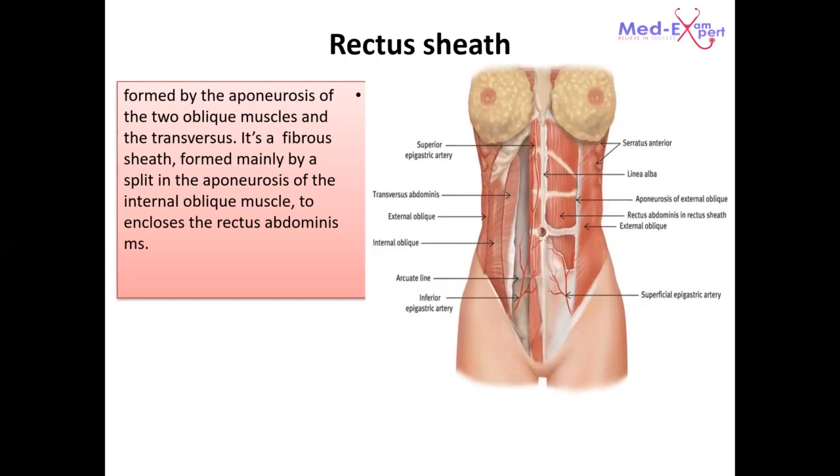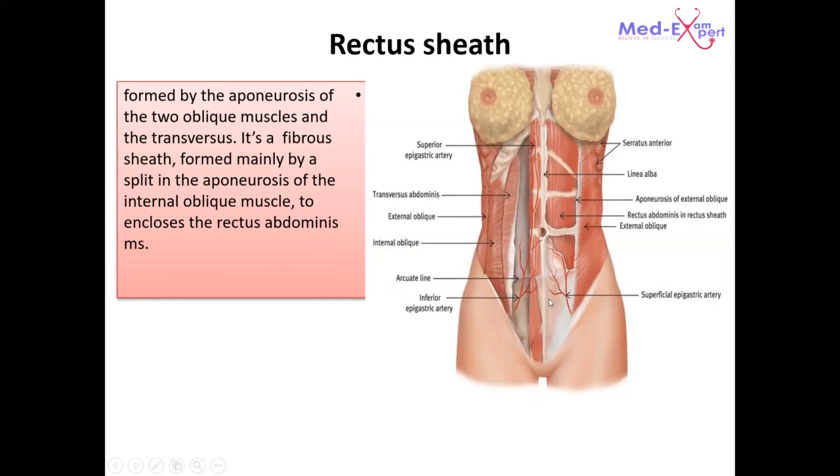It's a fibrous sheath formed mainly by a split in the aponeurosis of the internal oblique muscle to enclose the rectus abdominis muscle. As you can see, this is the rectus abdominis muscle, the longitudinal muscle, and take note of this aponeurosis investing this muscle from below and these tendinous parts here.